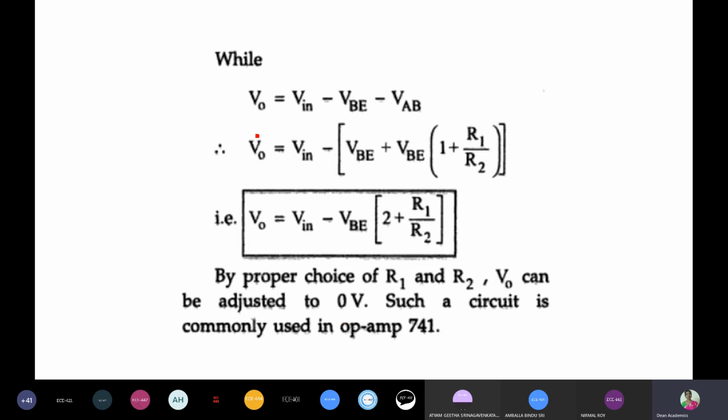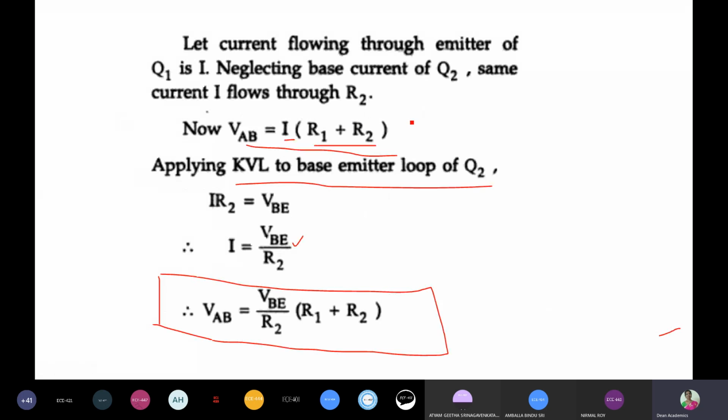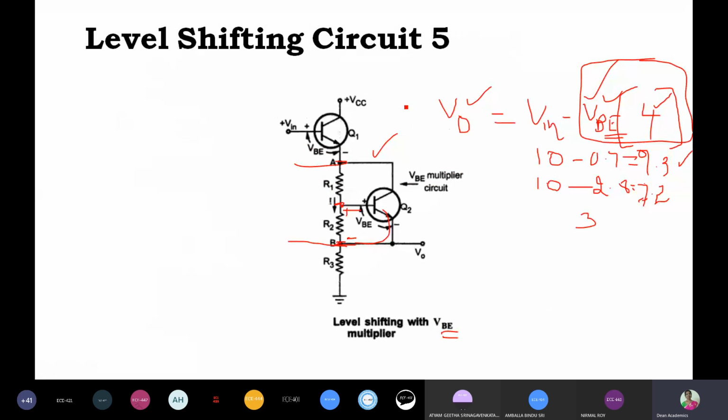Now our aim is to express what is V0, right? V0 is equal to Vin minus VBE minus VAB. Let me show you the circuit. I'm searching for my cursor always because it is very short. So what is V0? V0 is equal to Vin minus VBE minus VAB.